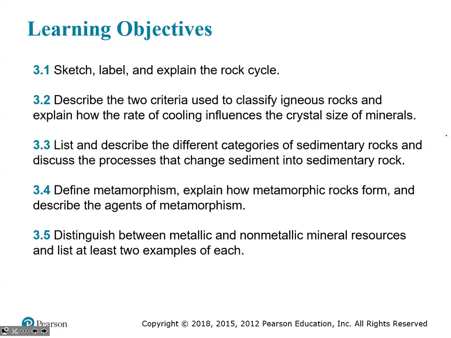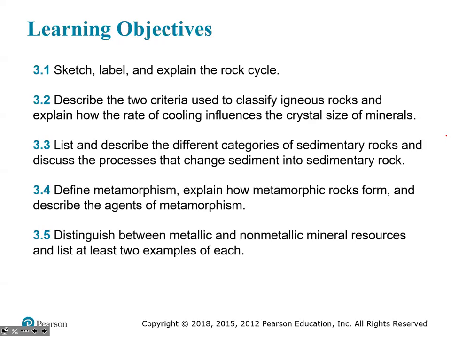We'll look at the criteria used to classify igneous rocks and explain how the rate of cooling influences the crystal size of minerals. In fact, it is the most important factor in the crystal size of minerals. We'll list and describe the different categories of sedimentary rocks and discuss the processes that change sediment into sedimentary rocks.